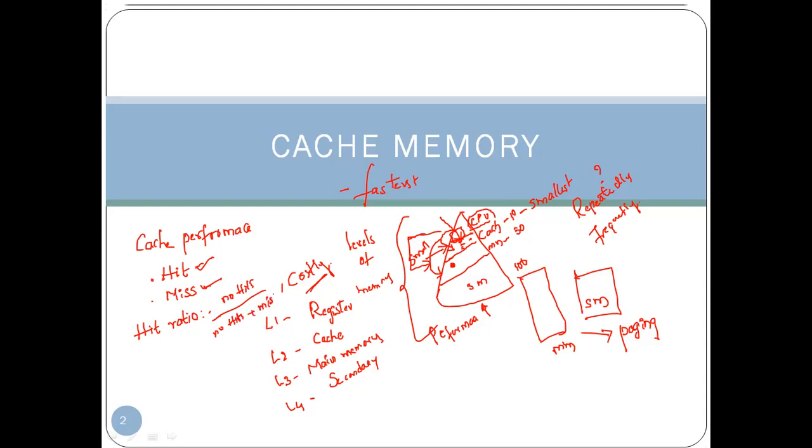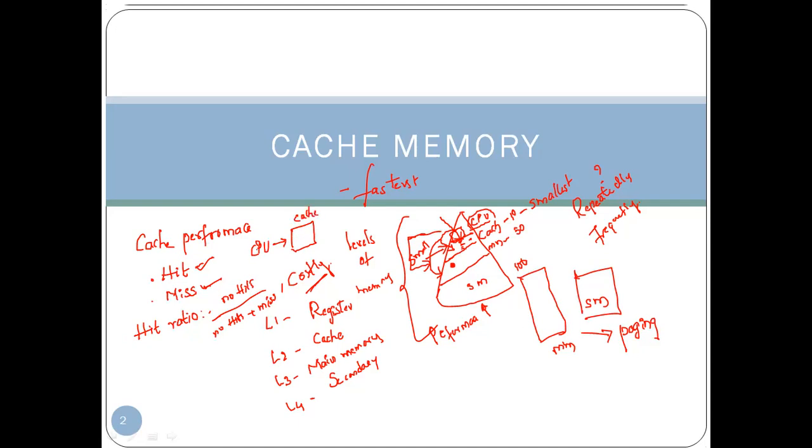By making use of this formula, we calculate the performance of the cache memory. As I have said, if the CPU wants some instruction, it fetches in the cache memory, and if that instruction is present in the cache, we say it is a cache hit.